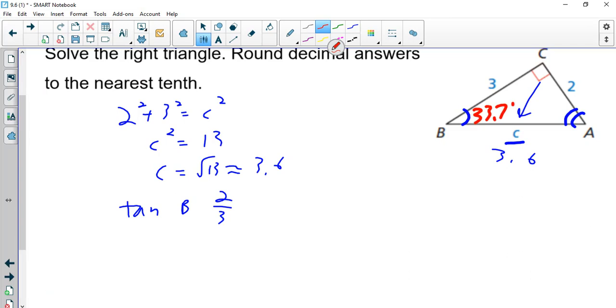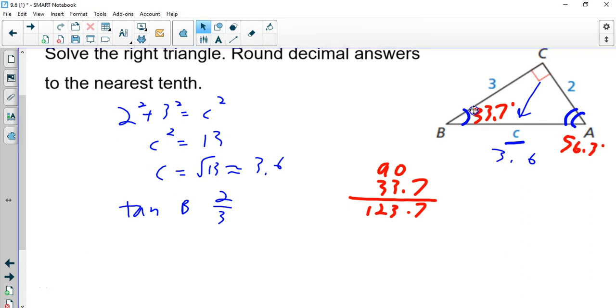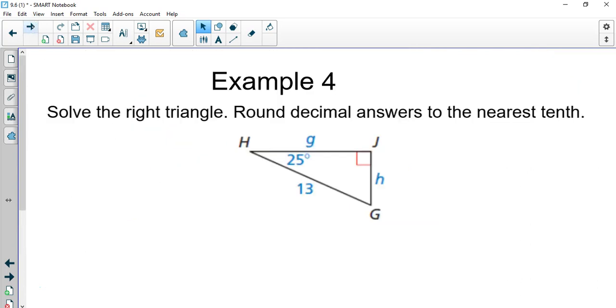Now, if I wanted to practice, I could do the same thing for A with sine, cosine, or tangent, or I already have 90 and I have 33.7. Add those together, subtract that from 180, and I get A is 56.3 degrees. Again, you can do it any way you want. It's your choice. You're in control.